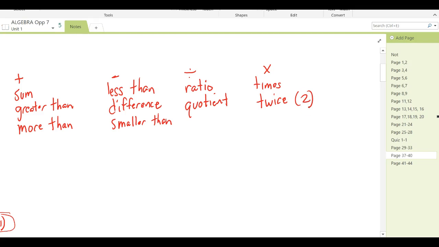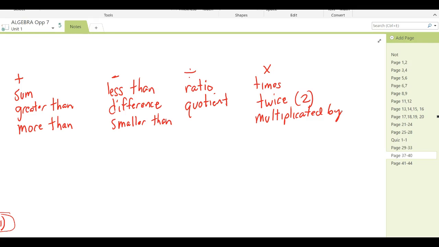Multiplication. Multiply, times, multiply by. I want it known that Mr. Dingy didn't come up with multiplied by, but some other student did. I think it's a good word, but it was not my fault that it's on the list.